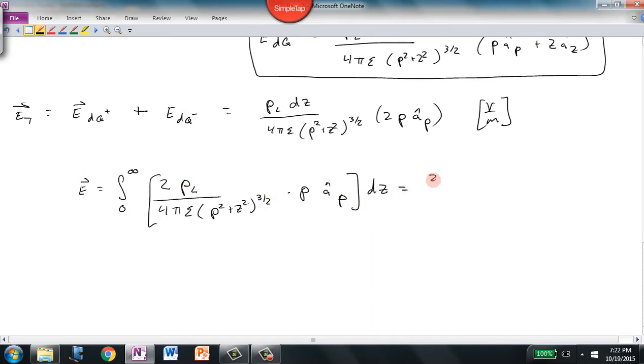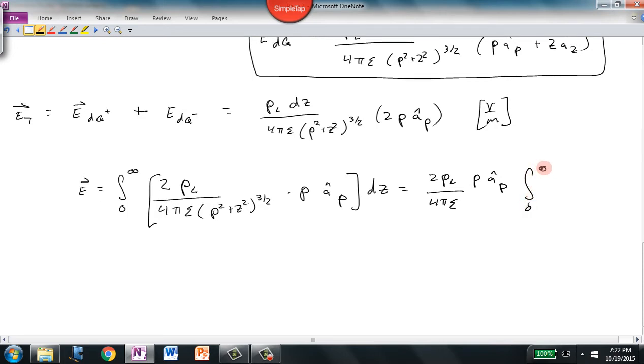I can't do anything with the rho inside the 3/2, since z and rho are stuck together, but I can pull the others out.